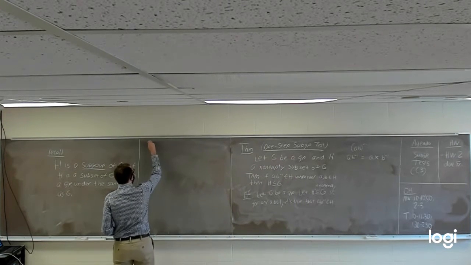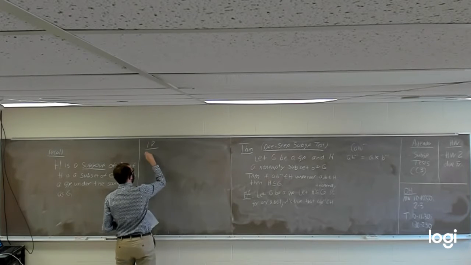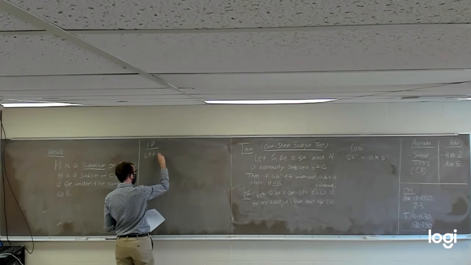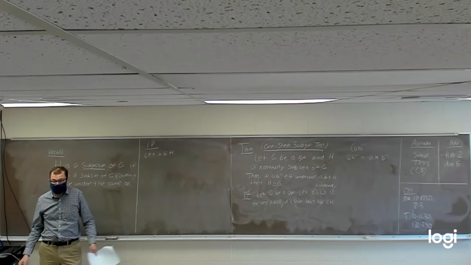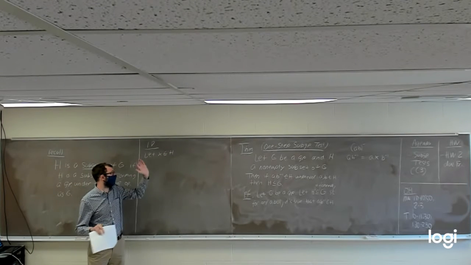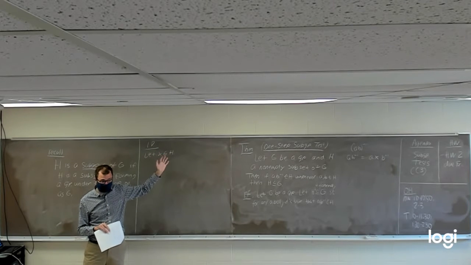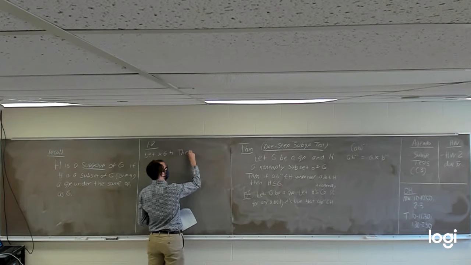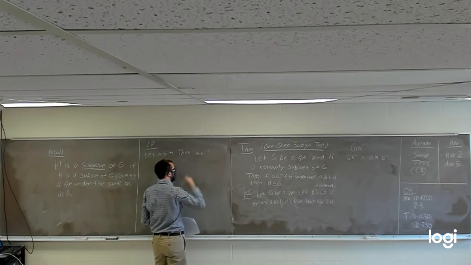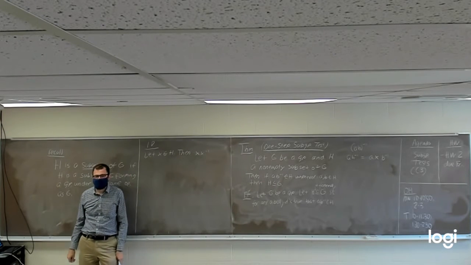So here's going to be our proof of identity. We're going to let X be any element in H. We know H is non-empty, so there has to be at least one element in H. What do we know about X times X inverse?